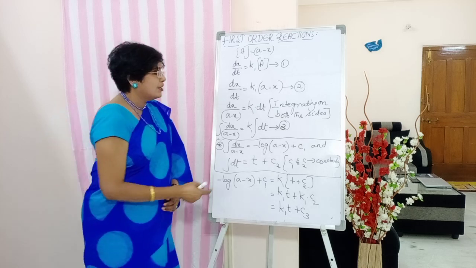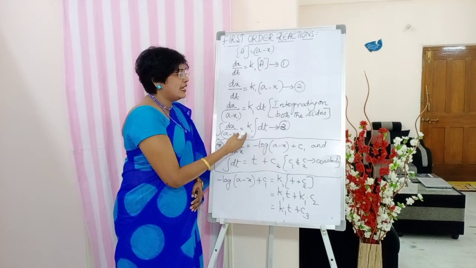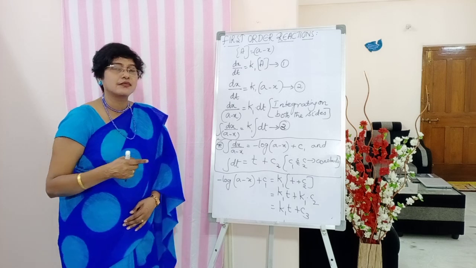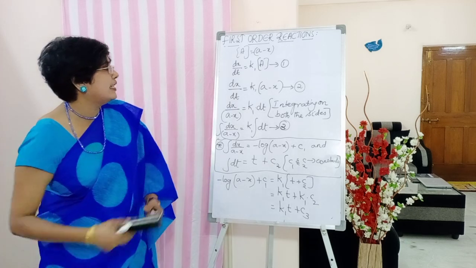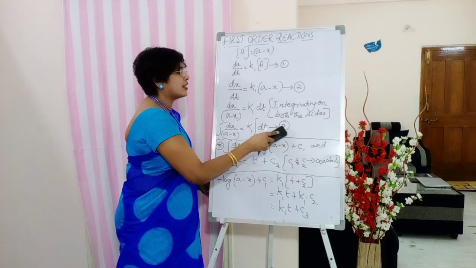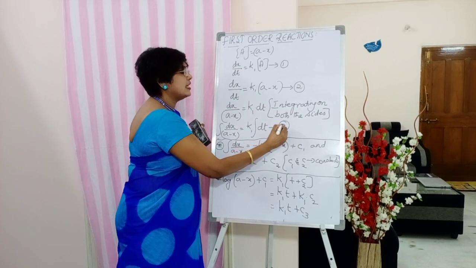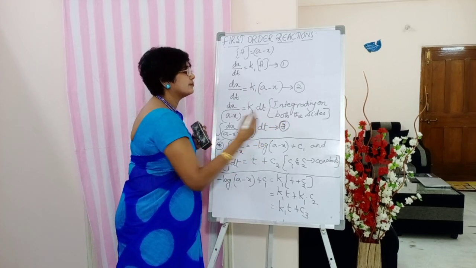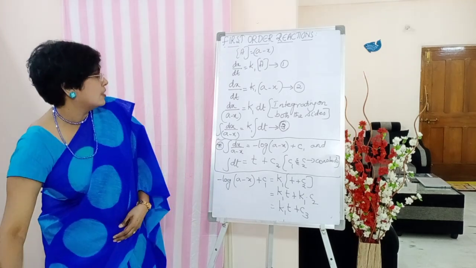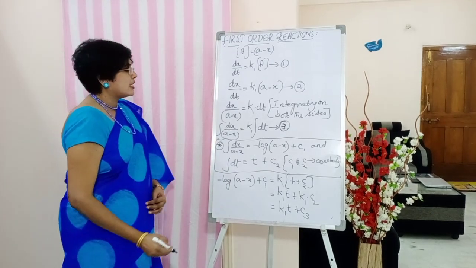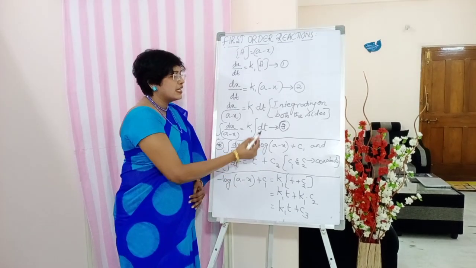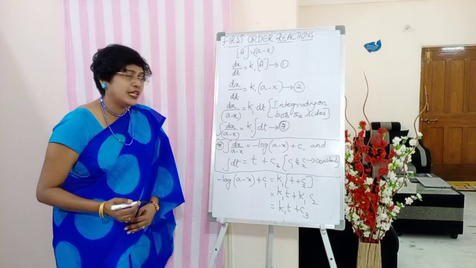Okay. Now, we will use these values in equation 3. Have you written, students? This is equation 3, not equation 2. Sorry. This is equation 3. Okay. Now, substituting these values in equation 3, what do we get?